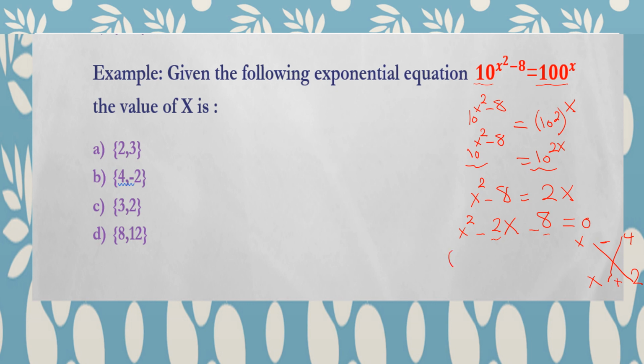So this equals x minus 4 times x plus 2 equals 0. So x minus 4 equals 0 and x plus 2 equals 0. So x equals 4 and x equals minus 2. The solution set equals minus 2 and 4. And the correct answer is B.